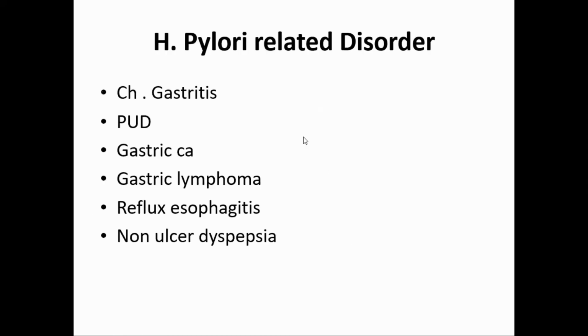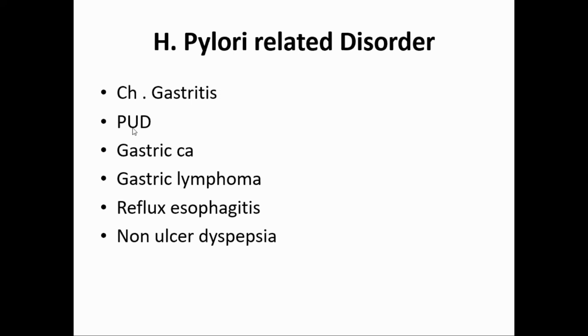All those factors affected by prostaglandin are lost because prostaglandin is inhibited by NSAIDs. It is not produced, so those defending mechanisms are decreased, and that will lead to imbalance and ulcer formation.